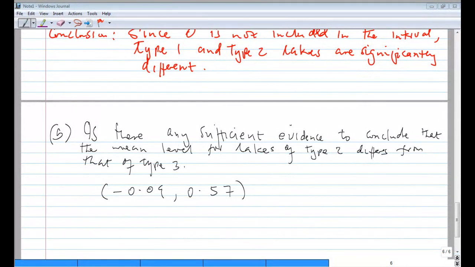Why? 0 is included. If 0 is included, is there any difference? There is no difference. Since 0 is included, it is insignificant. So there is no difference.